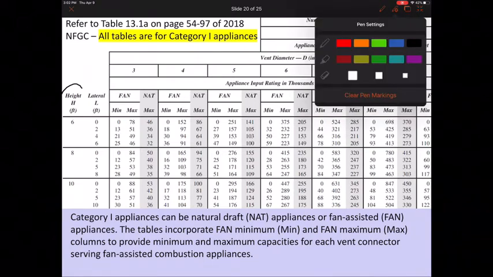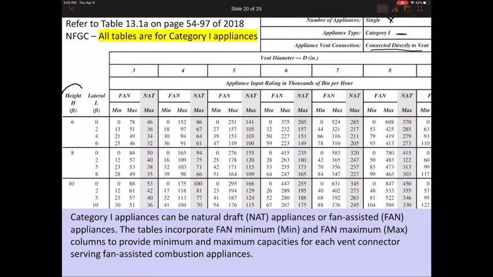Now, this is the vent height of the common vent, and also the lateral. Remember earlier we had talked about that if I happen to have an 8-foot vent height, I can go up to as high as an 8-foot lateral. So that gives you a little bit of an idea of what they're showing there.